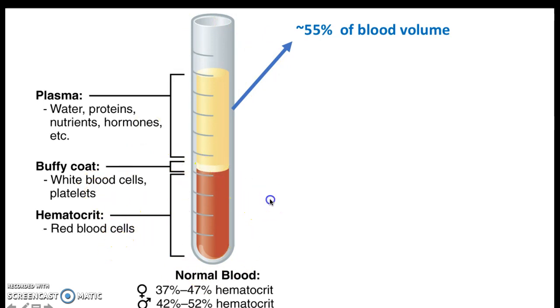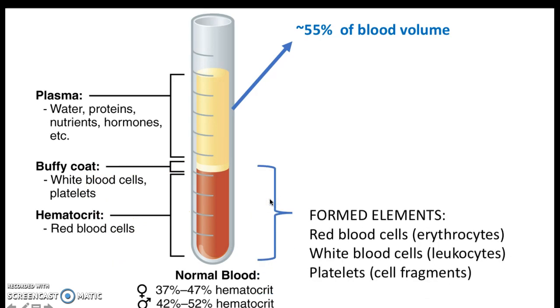We have a particular name for the cellular components of the blood: we call them the formed elements. A formed element is anything that is a cell or is derived from a cell, and that includes erythrocytes, which are red blood cells, leukocytes, which are white blood cells, and platelets, which are cell fragments. The formed elements form about 45% of the total blood volume.